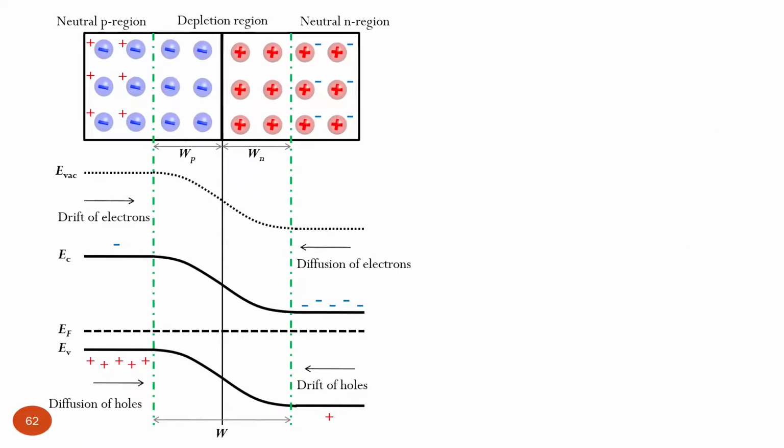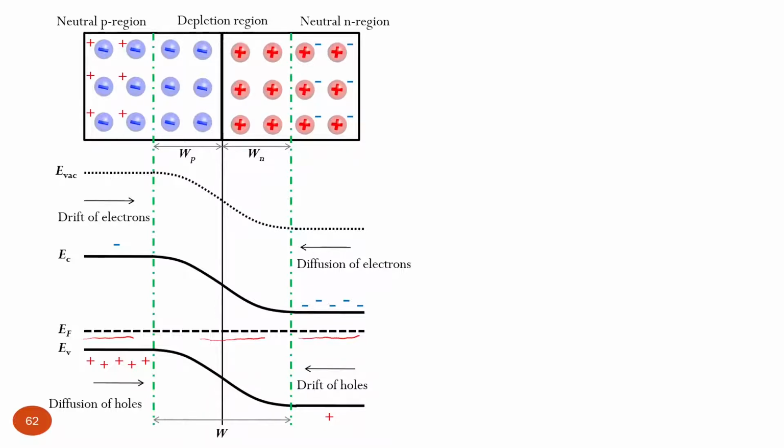So this is a p-n junction energy diagram and some schematic representation. You have seen this already. We were talking about the case of thermal equilibrium, that under thermal equilibrium the Fermi energy is the same for all points along the p-n junction.